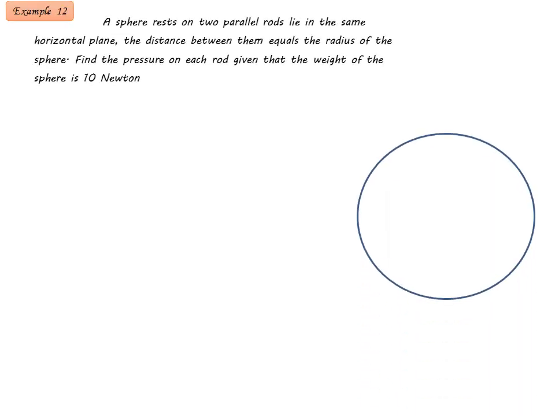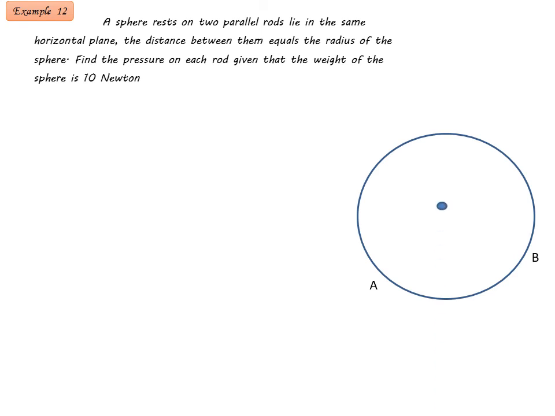A sphere rests between two parallel rods lying in the same horizontal plane. That means we have a sphere, and this sphere rests on two rods, and of course the two rods touch the circle at one point, so each rod has a reaction, and this reaction will be perpendicular to the rod, right?